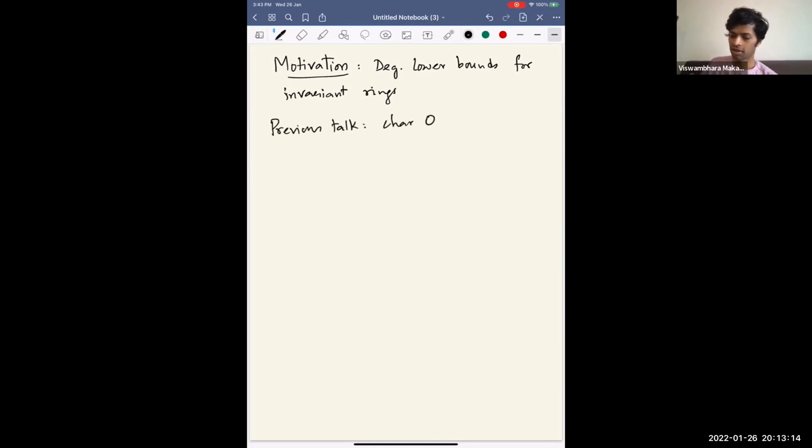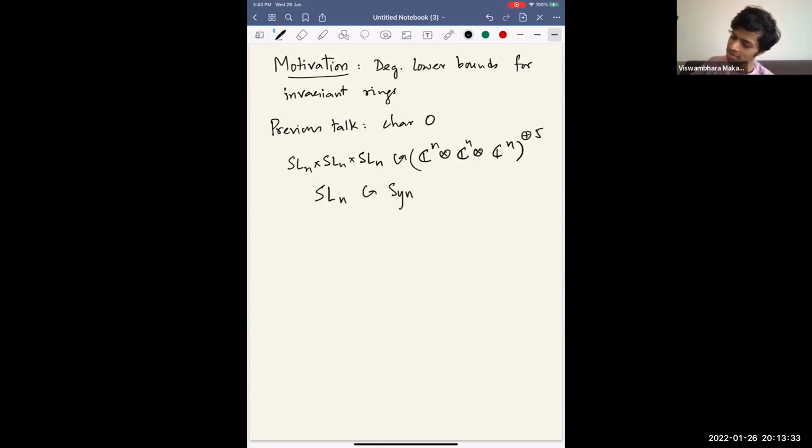The kind of actions that I was interested in were things like SL_n cross SL_n cross SL_n acting on C^n tensor C^n tensor C^n with 5 copies or something, or SL_n acting on Sym^3 C^n with 4 copies, some number of copies. Maybe it's not that important how many copies.